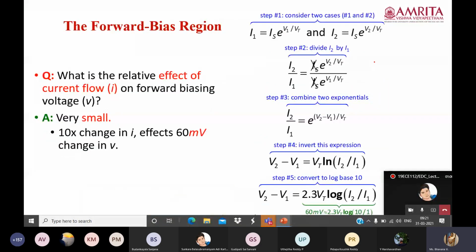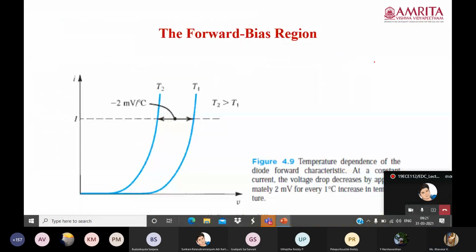Is it clear for you? Yes or no? Yes, ma'am. Last point: temperature dependency.